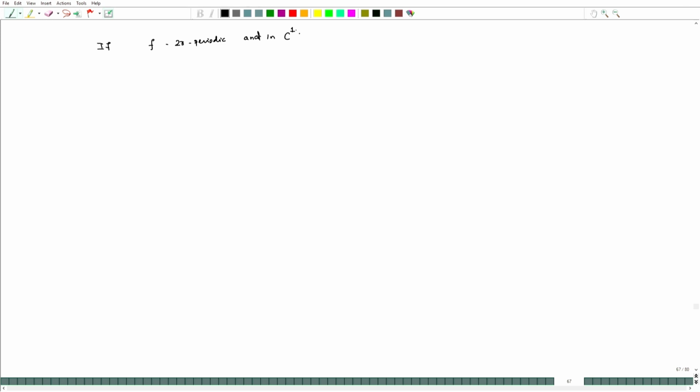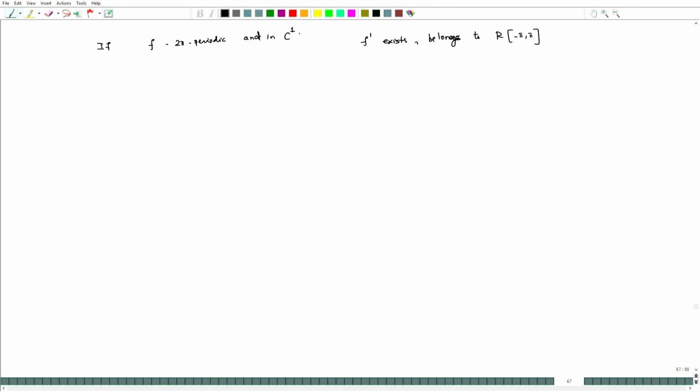Even I do not need C1 entirely, I can do with f being piecewise C1, that is also okay for me. Nevertheless, this says that f prime exists and is also Riemann integrable on 0 to 2 pi.